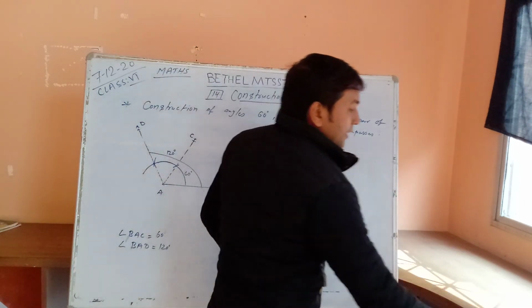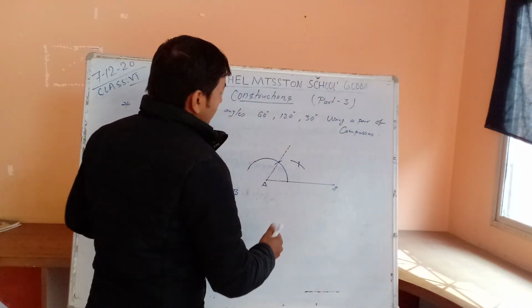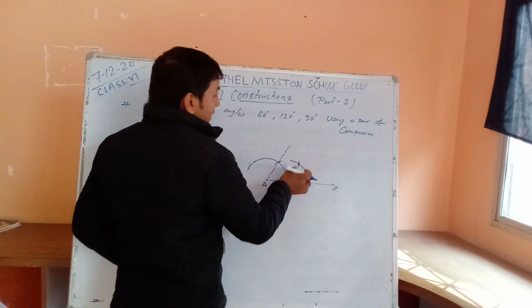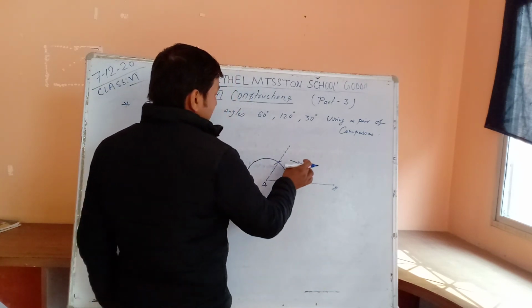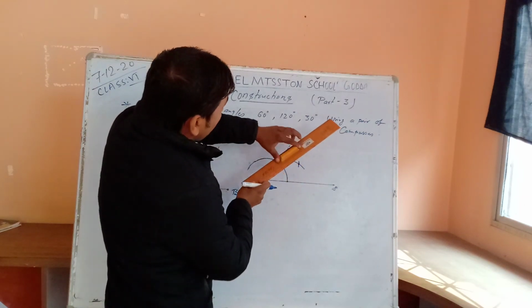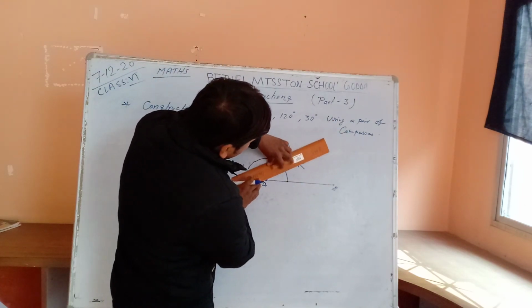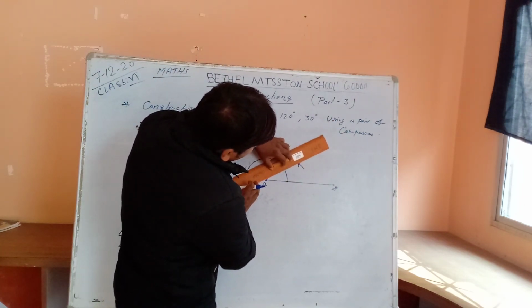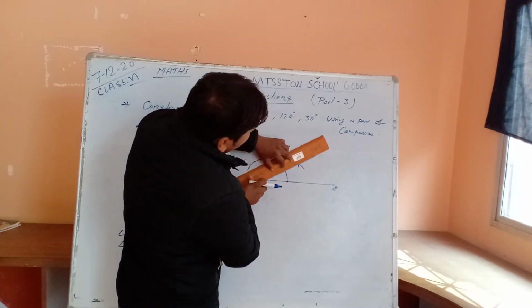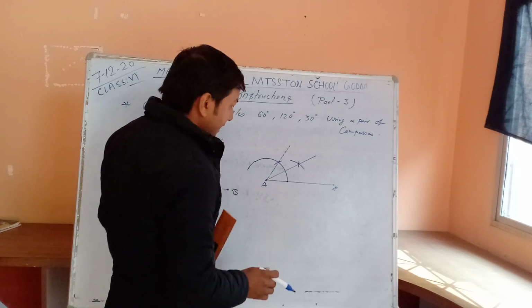Now you got another point of intersection. Through this point and A, we can draw a line which is at 30 degree.